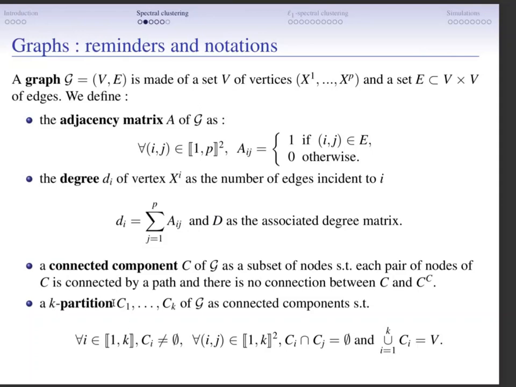And a k-partition C1 to Ck of G will be a set of connected components such that all these sets are non-empty, the intersections are empty, and the union of all these connected components forms the entire set of vertices.